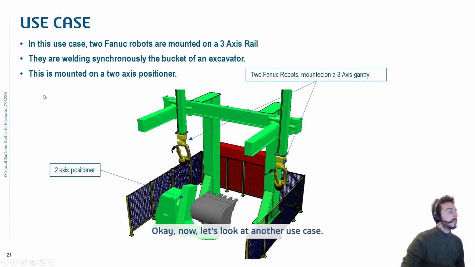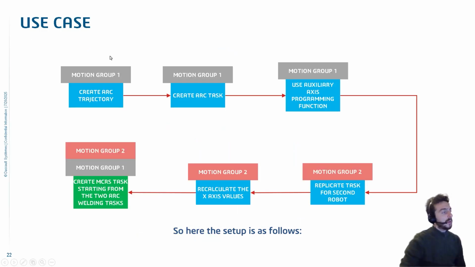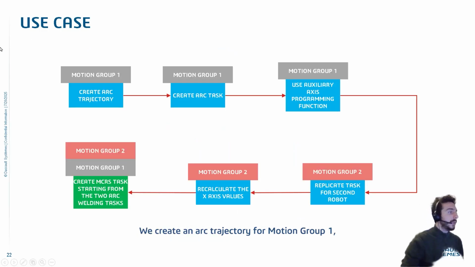Okay, now let's look at another use case. This time we have two FANUC robots mounted on a 3-axis rail. They will be welding synchronously with this positioner. So here the setup is as follows. We create an arc trajectory for motion group 1. Then for the same, we create an arc task.